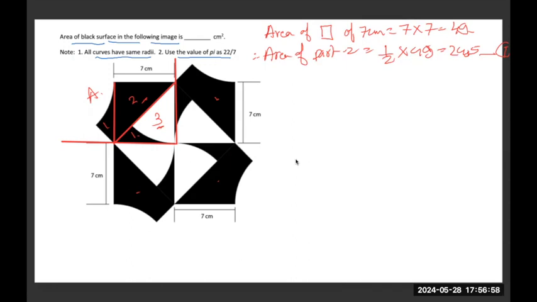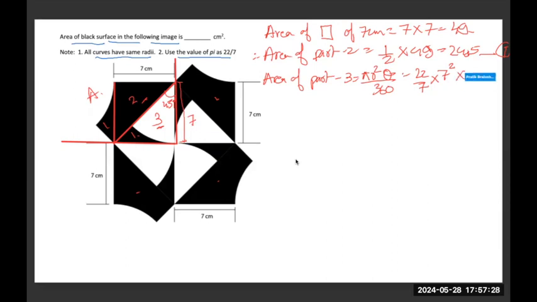Okay. So area of part 3, which is a sector of a circle with angle 45 degrees, will be pi r squared theta upon 360, which is pi is 22/7 into r squared is 7 squared. Radius is 7 because this vertical side is 7.